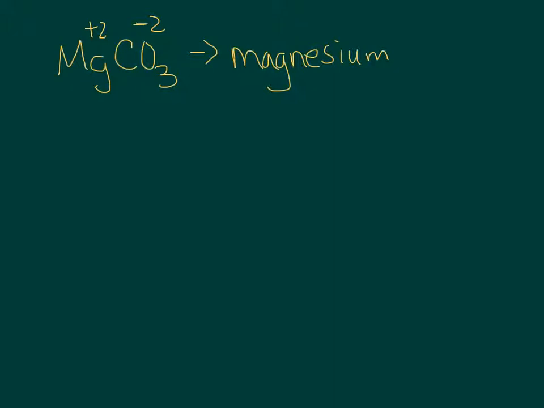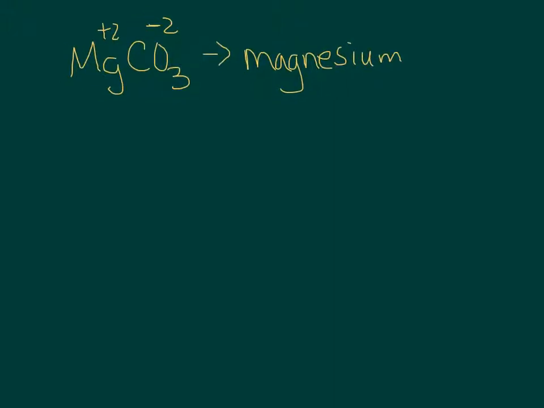And the second element is carbonate. That's a polyatomic ion, carbonate. So we would call this magnesium carbonate. If it's a polyatomic ion, you don't put the IDE on the end of it because that is the name of that ion, carbonate. So you don't need to change the ending if it's a polyatomic ion.